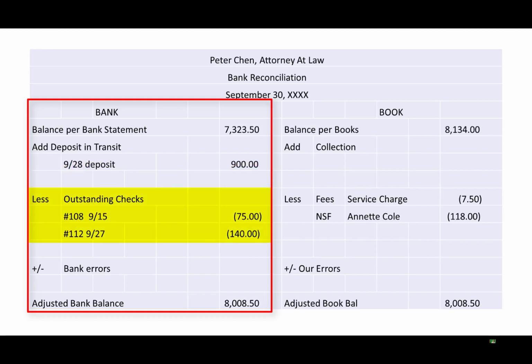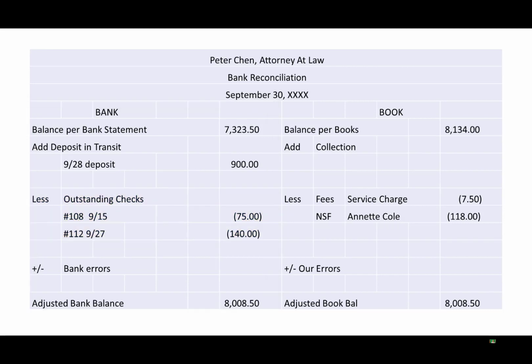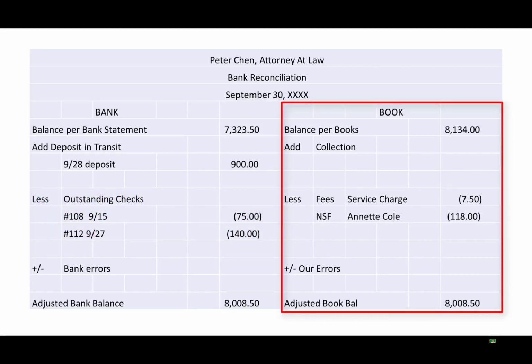There's the 2 outstanding checks that we circled. Those were checks that we had written and had been taken out of our cash account, but because the bank hasn't yet cashed them, they show as a reconciling amount. On the book side, there's 2 circles. These are amounts that the bank took out of our account that we didn't know about.